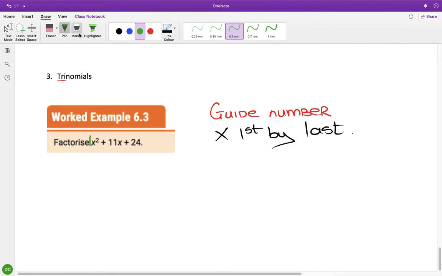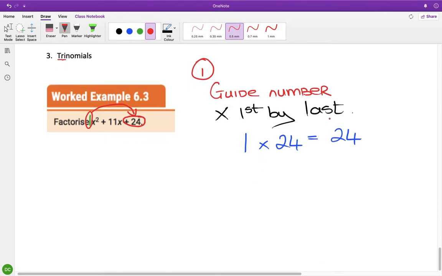So to get the guide number you multiply the very first thing in the trinomial, which is the 1, by the very last thing, which is the 24. So we do 1 multiplied by 24, which is 24. Try and number these so you have a sequence. That's the first thing you do.